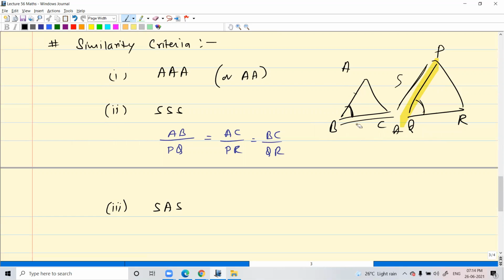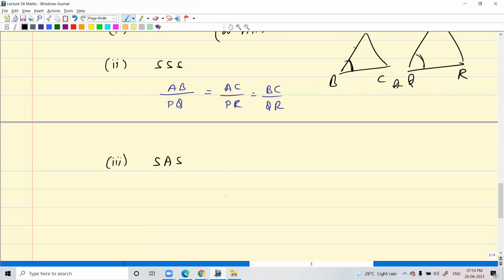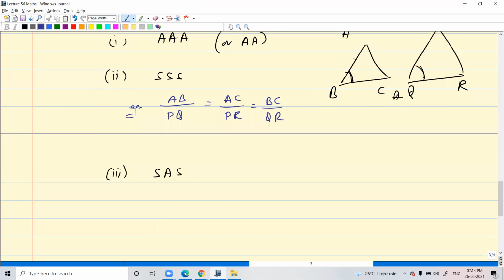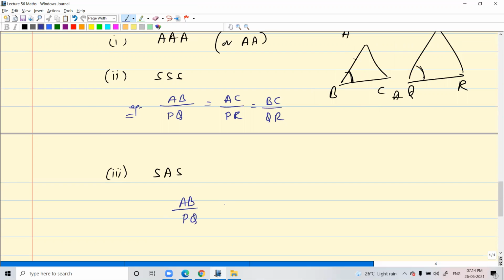Tell me, all of you understand that? Okay. So for example, I will write AB by PQ is equal to, let's say, BC by QR.